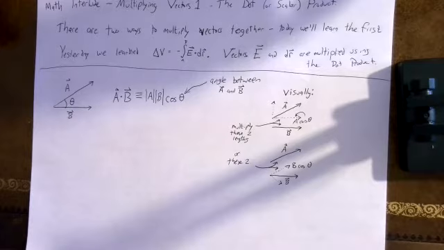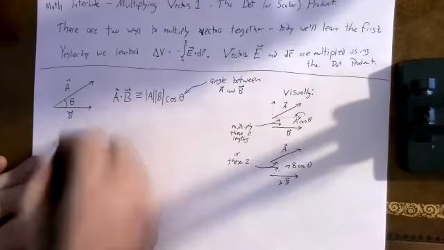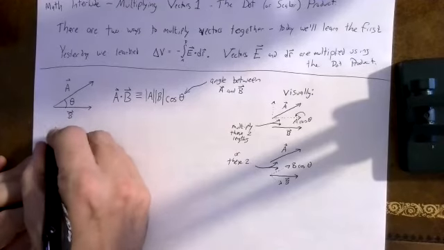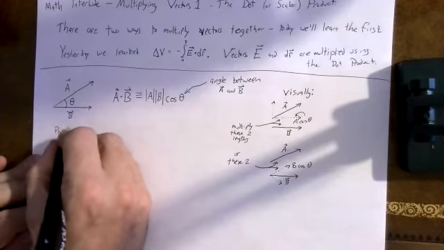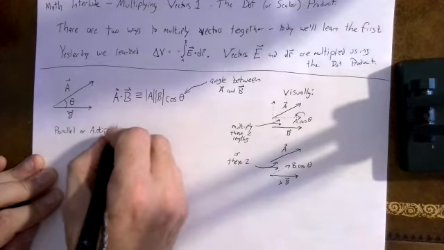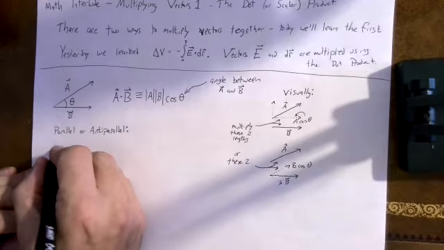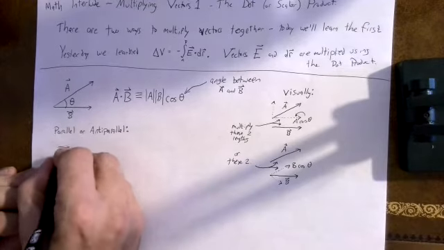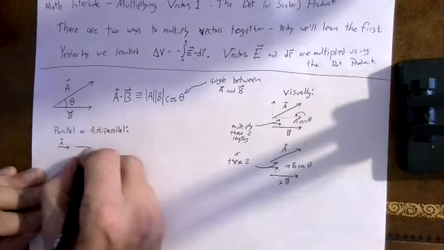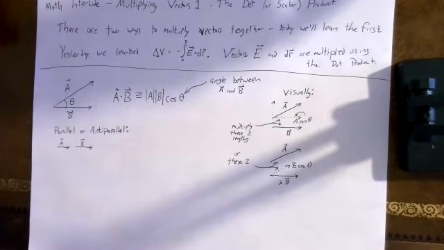So there's a couple of shortcuts, a couple important things to know, such as when vectors are parallel or anti-parallel. If we have two vectors like this, where A and B are both pointing in the same direction, what are we going to get as the dot product of these two vectors if they're parallel to each other?